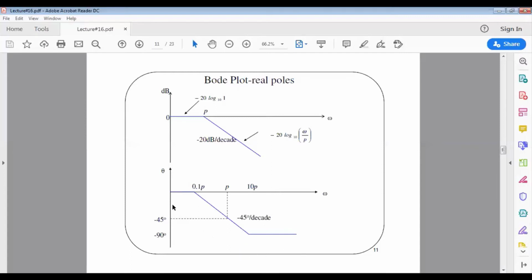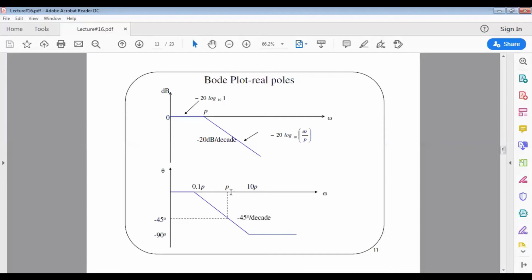So if we connect this point at 0.1 P, negative 45 degrees at P, and negative 90 degrees at 10 P, we're going to have a slope of the phase plot of negative 45 degrees per decade. Okay, so this is a typical plot for the phase if we are having a real pole case.